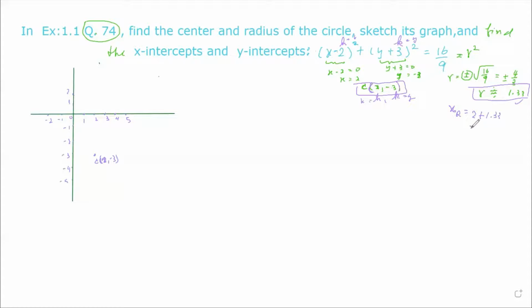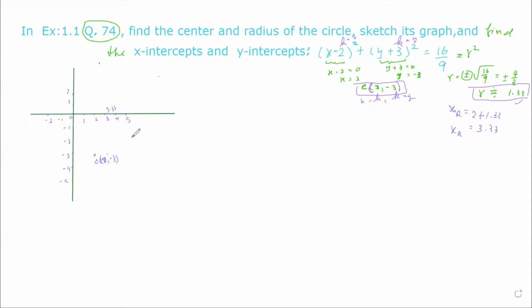So this becomes 3.33. That means X on the right-hand side is going to be 3.33, which should be somewhere here. Then this goes down. Y is still the same, -3.